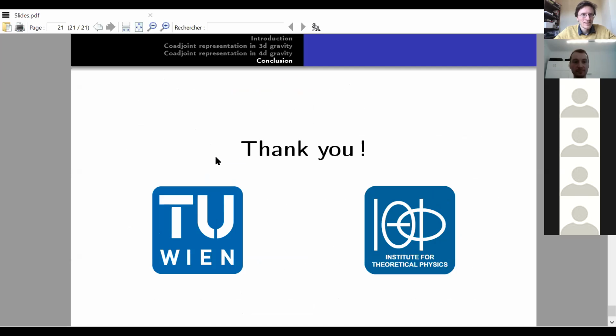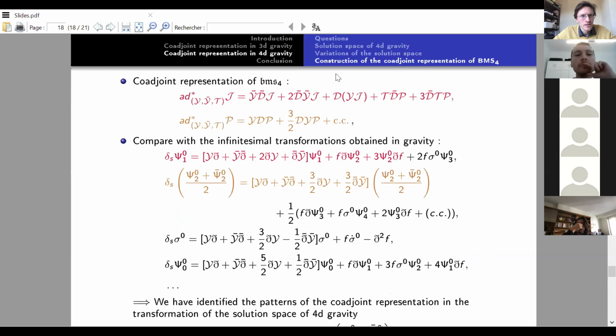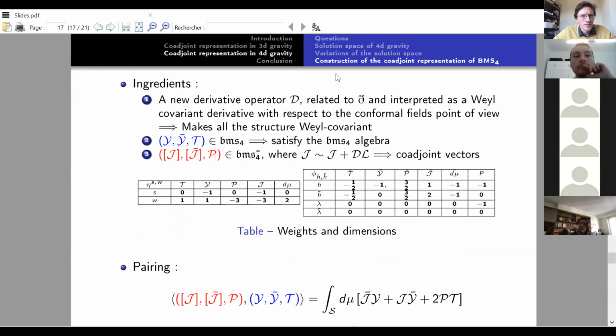Thanks to all. Actually, Romain, another question, but I can ask you here. This operator, the Weyl conformal operator, is it the same as the one defined by Campiglia in his last paper? He was also defining some Weyl-type algebra that was useful.